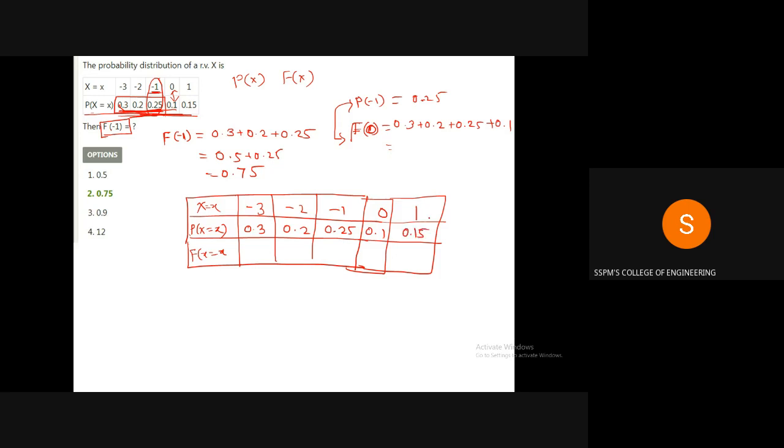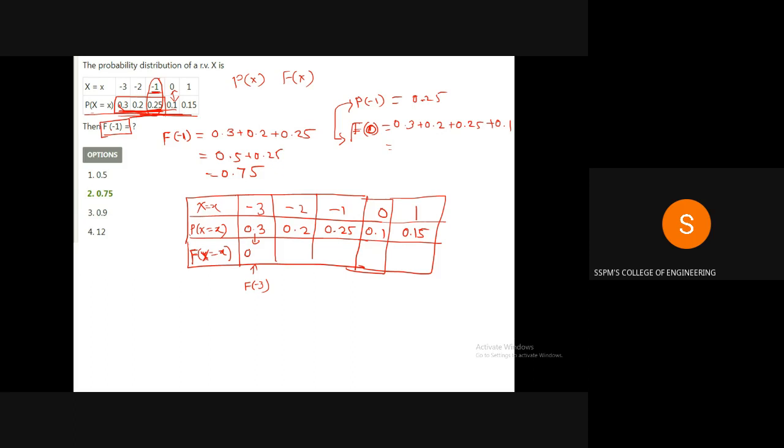This probability distribution is given in the question. If you have to write all the values of F of x, how can we write it? For F of minus 3, it is the same as P of minus 3. But for F of minus 2, what have I said? You have to add these two values, so F of minus 2 is 0.2 plus 0.3, that is 0.5.